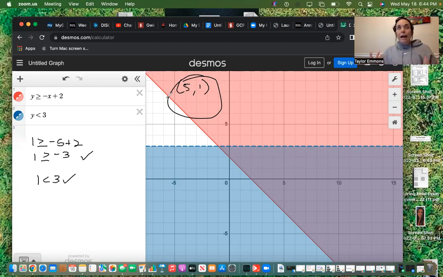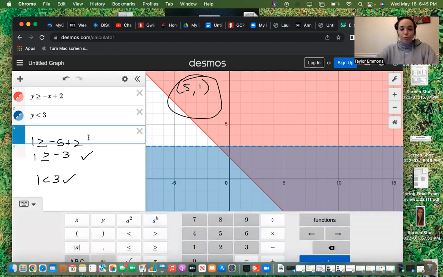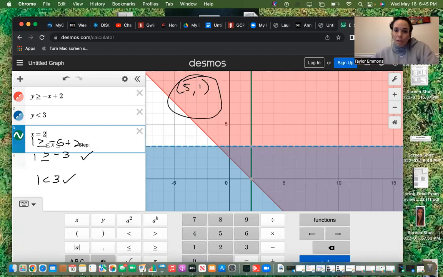Now, if they ask something like, how do you maximize your profit? You want to check for the corners. Okay, so what I mean by that is, let's say that there was a cap off on this one at like x equals 2. Okay, so this would take this region down to here.